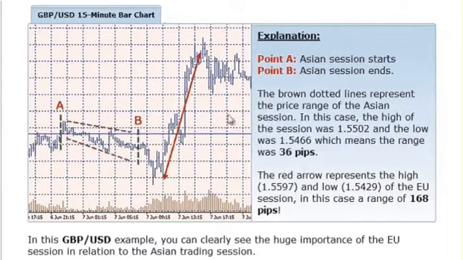So in this pound dollar example, you can see clearly the huge importance of the EU sessions in relation to the Asian trading session. Any robot or manual trader trading the Asian session range would have set their stop loss according to the range of the session. Okay, but look at how the market moved during the EU session. And imagine the implications if a trade had been kept open during that session, which may be required at times due to the rules of a given strategy.